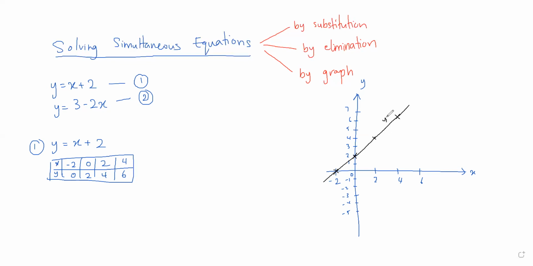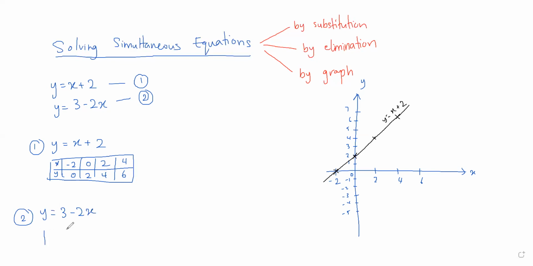And of course, as per usual, label it y equals x plus 2. Now that we have our first line, this is a normal graph drawing question, and it's not a quadratic graph, it's a straight line graph because there's no x squared. To solve it, we will have two graphs in one graph paper.